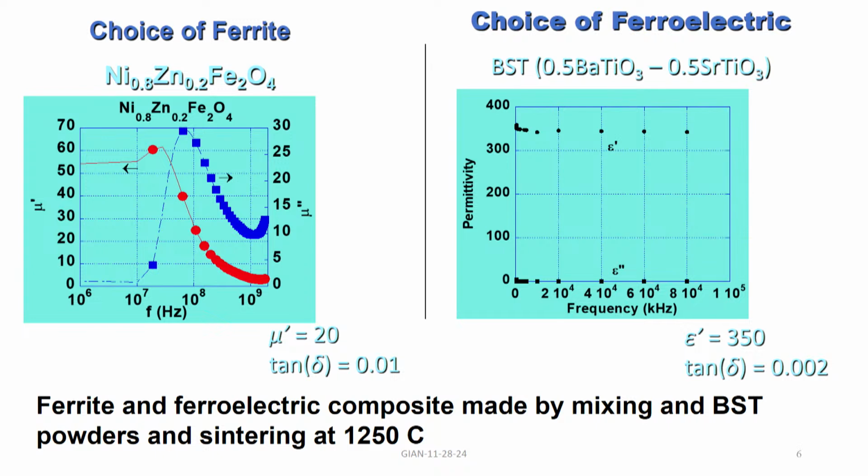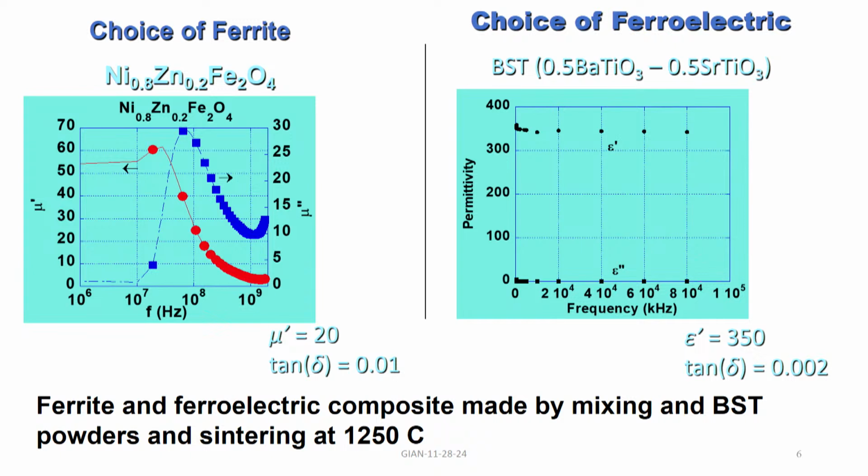What is shown here on the left is mu prime and mu double prime as a function of frequency, and you want to make sure that the value of mu prime is high at 100 megahertz. That is the whole idea, because the miniaturization is at 100 megahertz, and also you want mu double prime to be as small as possible, because that is a measure of loss, the magnetic loss in the medium.